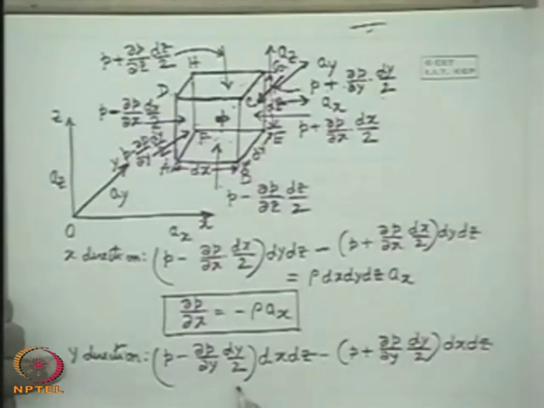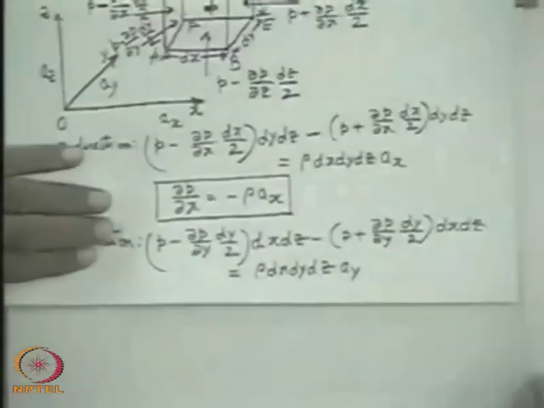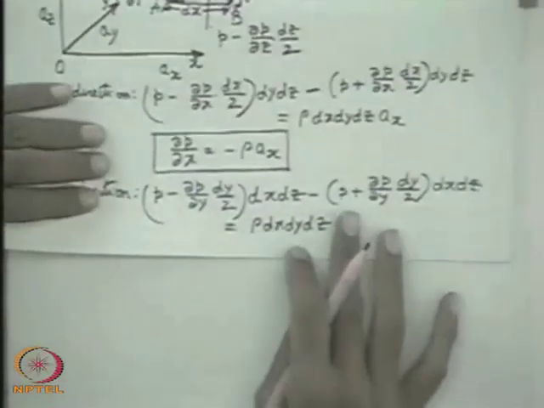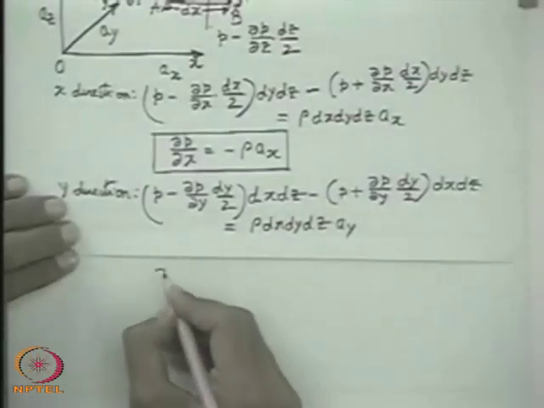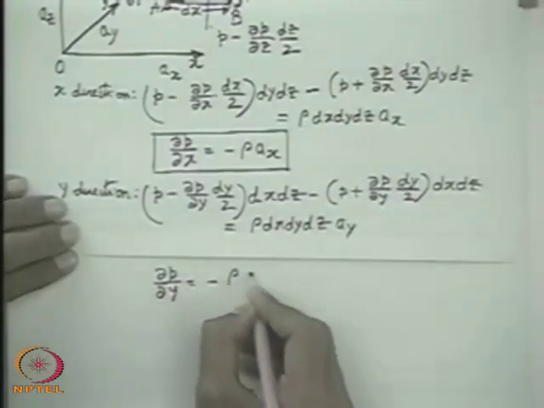This is equal to rho times dx dy dz, the mass of the elemental volume, times the uniform acceleration in the y direction. So this gives rise to the equation del P del y is equal to minus rho ay.